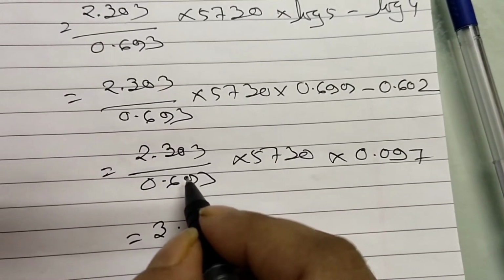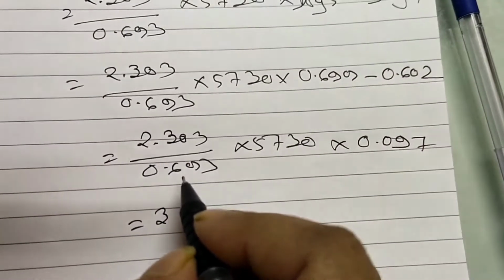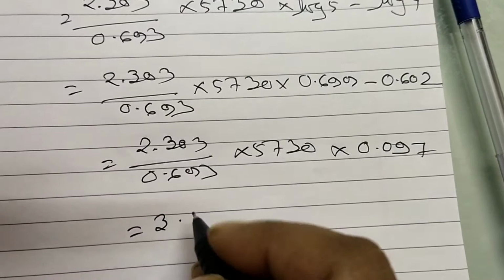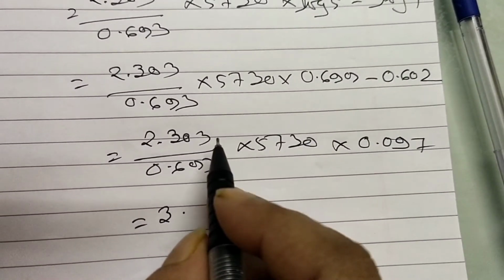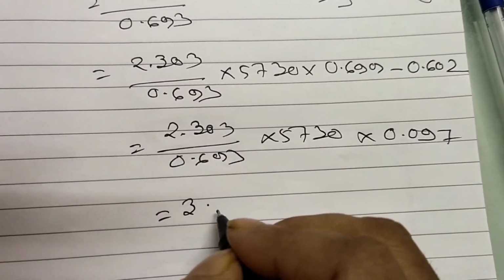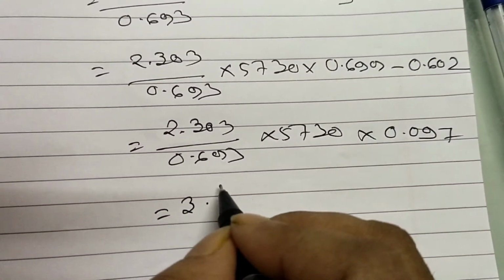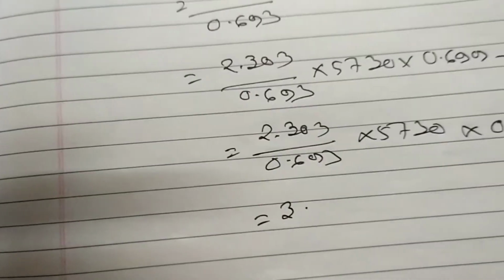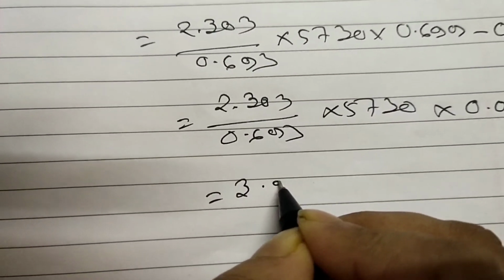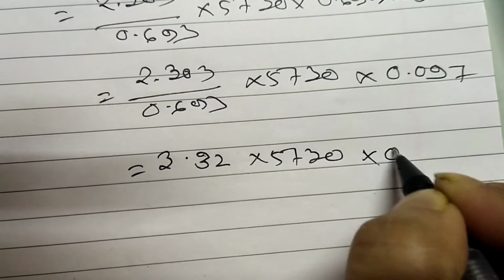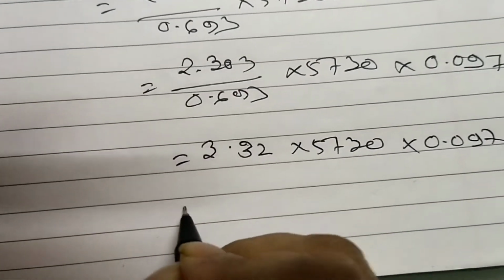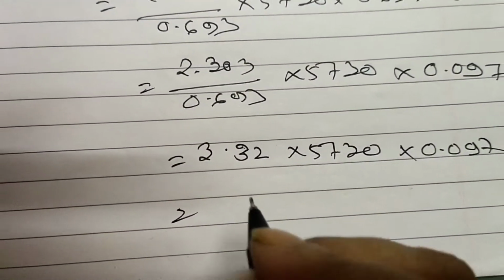2.303 by 0.693 is about 3.32, into 5730, and into 0.097.